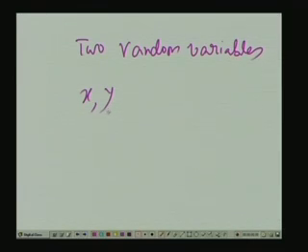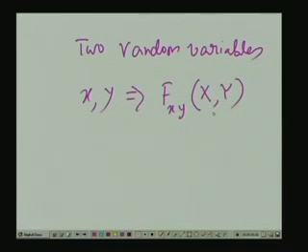In that case, we have to define the joint probability distribution of x and y. Now, what does it mean? Let us give a definition.